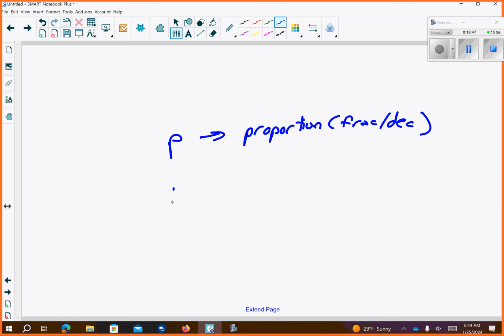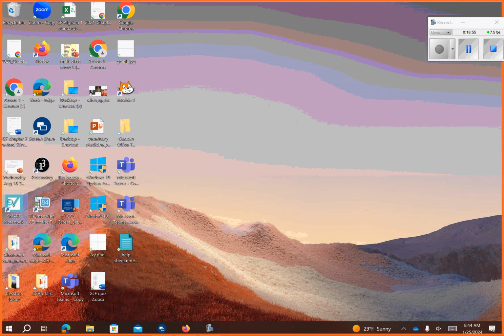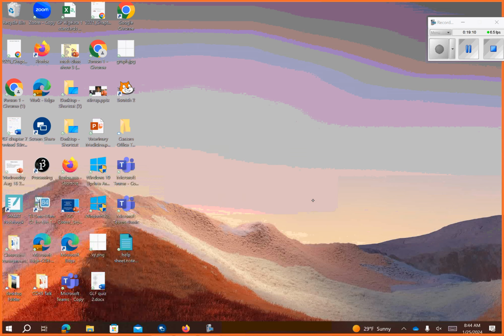And then you have P hat. This is like the predicted. So the P hat is the sample proportion. That's what we're predicting. Okay? And then you have mu, it looks like a little U with a big old tail at the end. With P hat, that's the average proportion from all possible random samples.